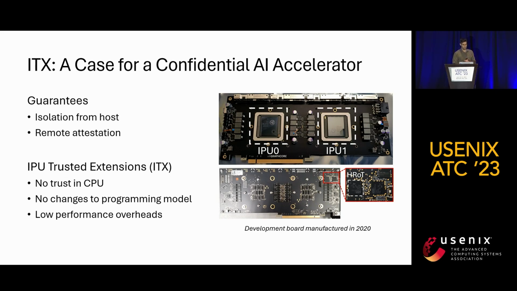This is work done with Graphcore, as I said earlier. What we try to provide here is strong security guarantees. We isolate the entire device from the host. We added remote attestation using the hardware root of trust. And we were able to provide low performance overheads without any changes to the programming model and without any trust in the CPU.